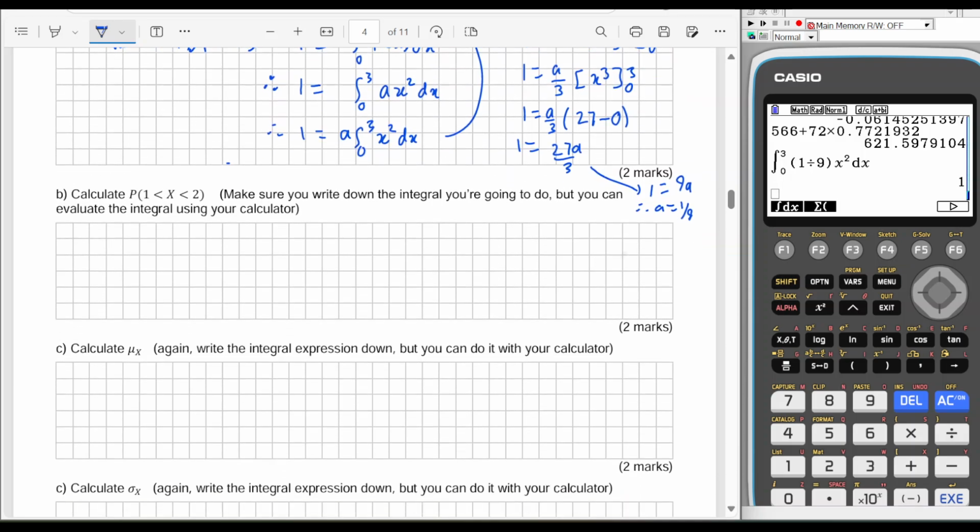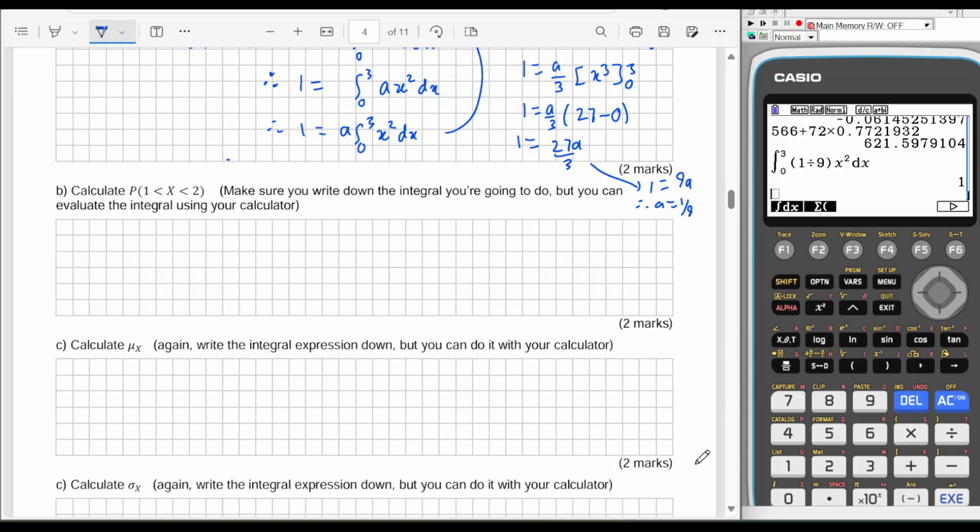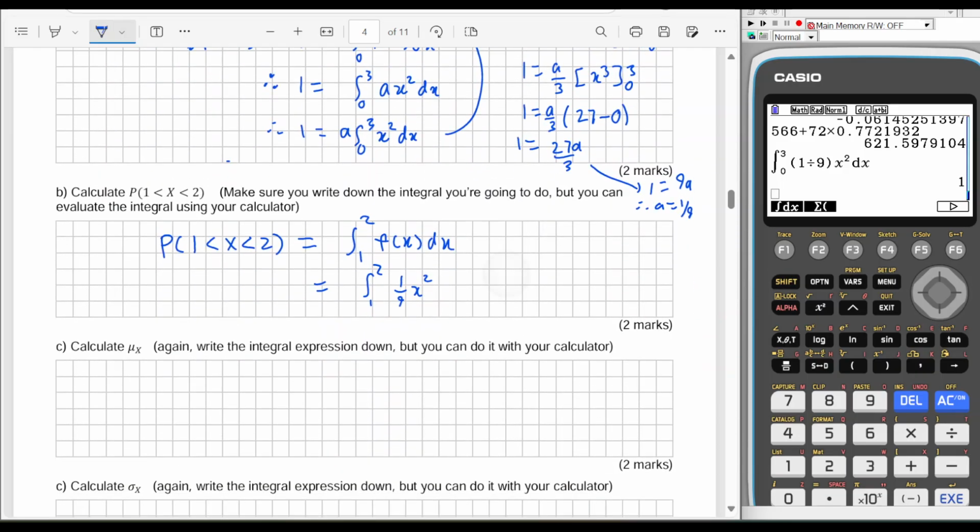Okay, calculate the probability that we're between 1 and 2. So we need to write down the integral we're going to do, but we can do the integral on our calculator. So this would be the integral from 1 to 2 of our function, which is the integral from 1 to 2 of 1 over 9x squared, now that we know that a was 1 over 9.